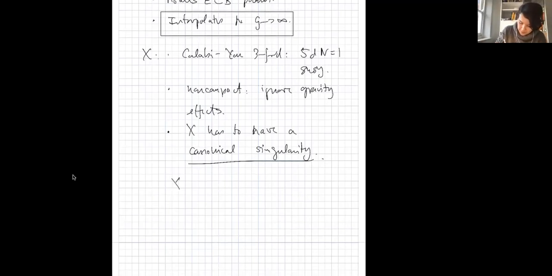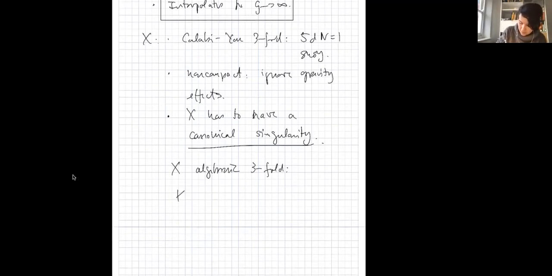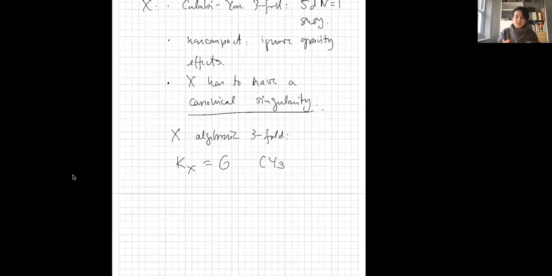So X is some algebraic threefold. In algebraic geometry, you would then associate to that its canonical class. If you are more of a differential geometric person, think of it as like C1 for this space. So for Calabi-Yau, C1 would be trivial. So this canonical class for Calabi-Yaus is trivial, and if you have a singular space, you can ask, can I resolve the space?